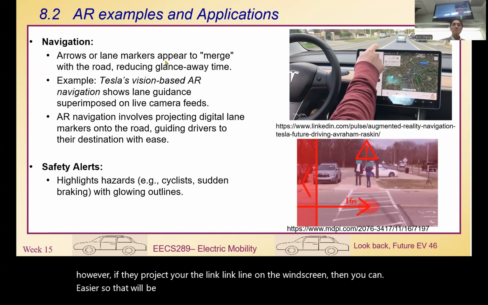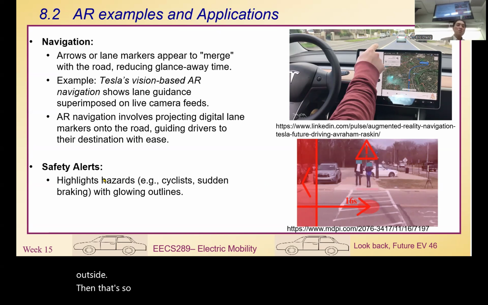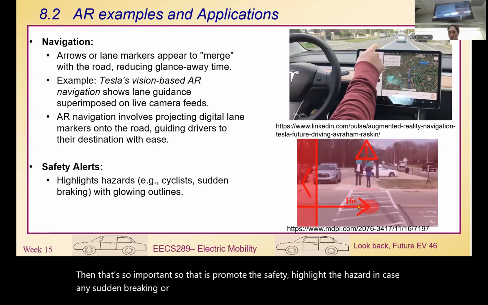The real-time projection of AR for navigation on the windscreen will be something we need to look into. Say in this map, real-time projection of information on the road overlapping with the outside, that's so important. That promotes safety, highlighting hazards in case of any sudden braking or cycling, and hazards on the road. They can also tell you exactly what happened.